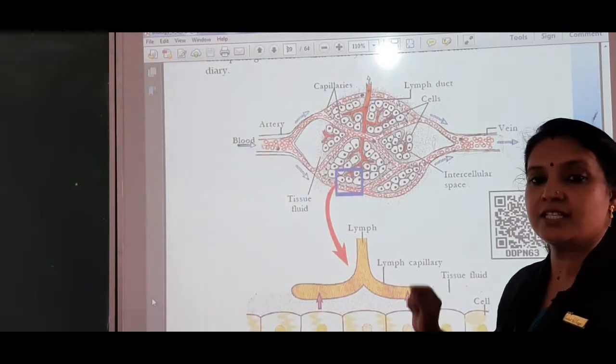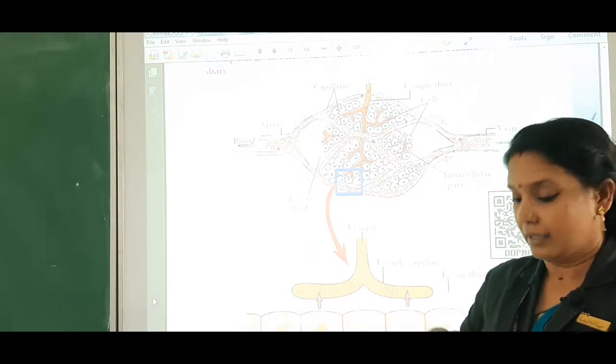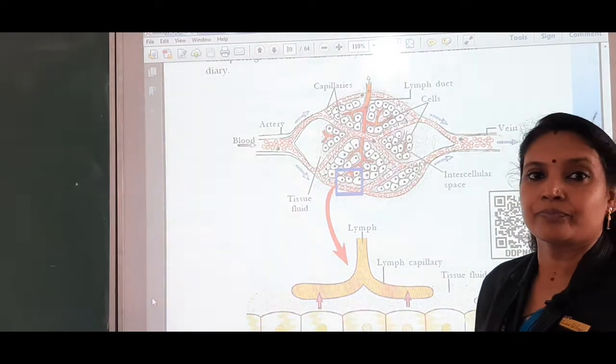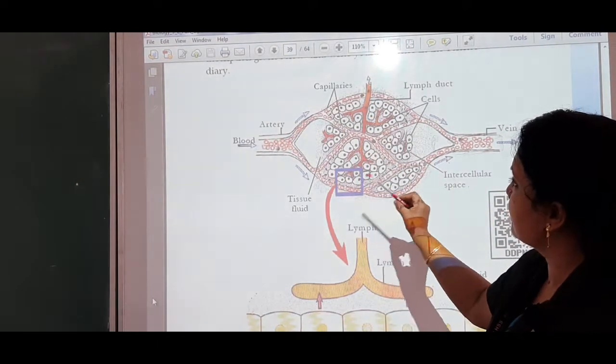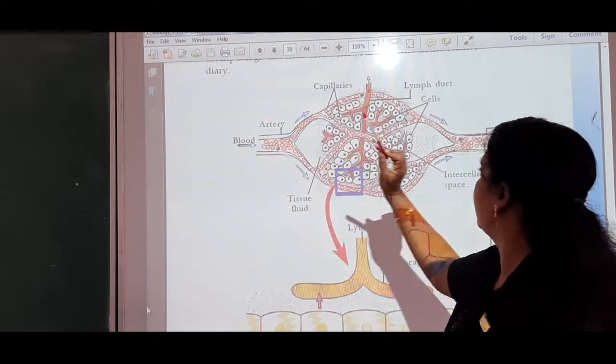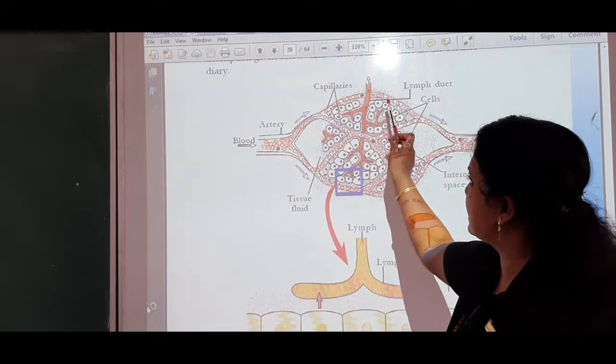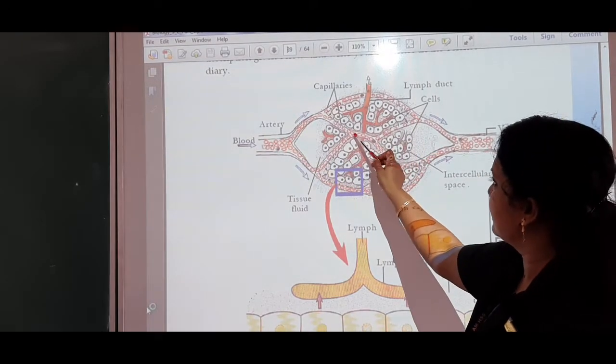Okay, so this is the illustration which is given in the textbook, and we can see here this is tissue and this is the artery and this is vein, and you can see here this artery splits into capillaries.